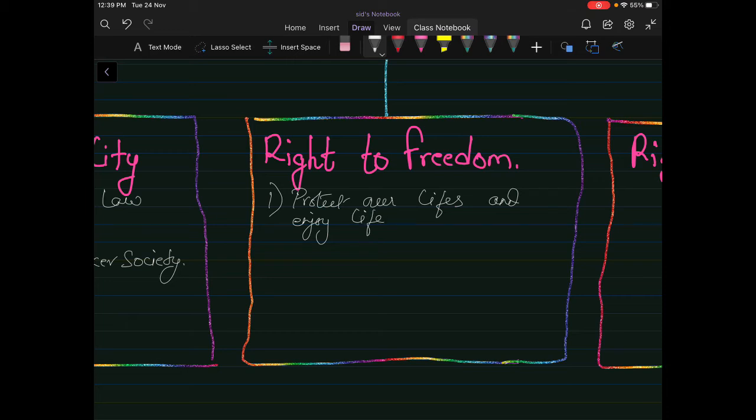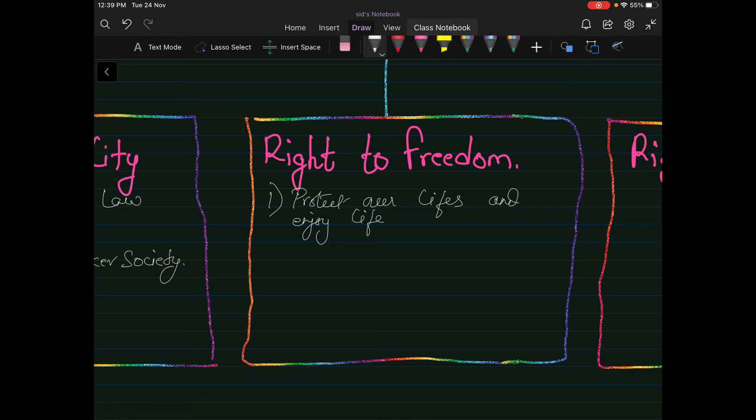This means we cannot interfere in anyone's life. This protection is given by the right to freedom.